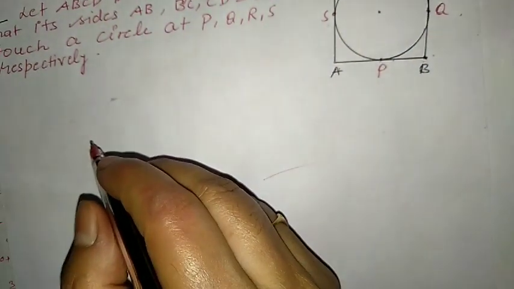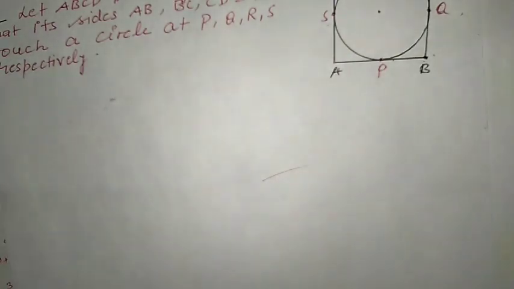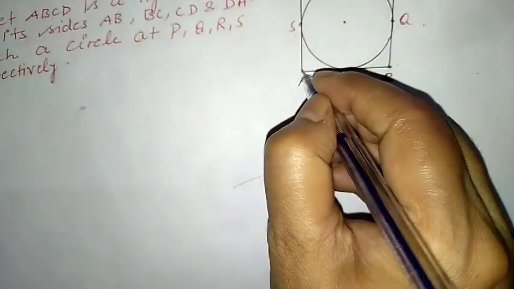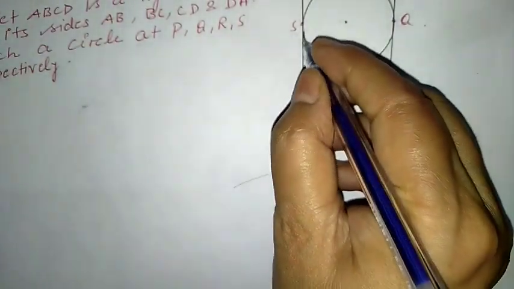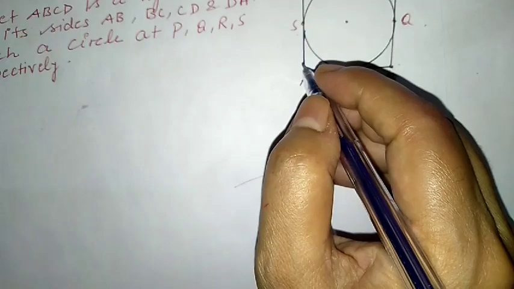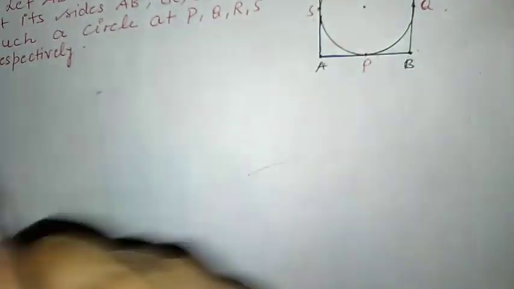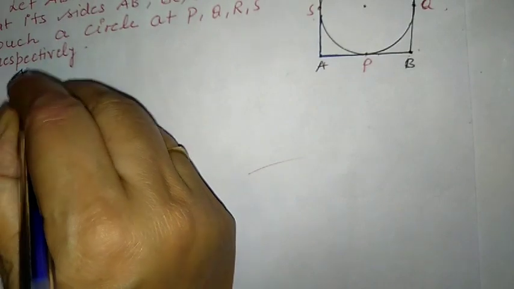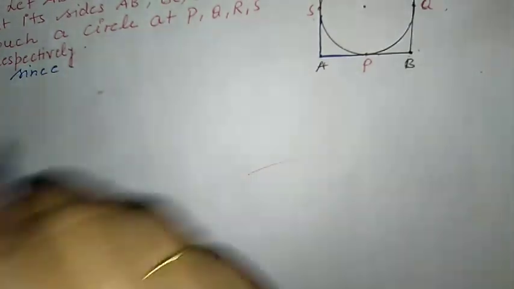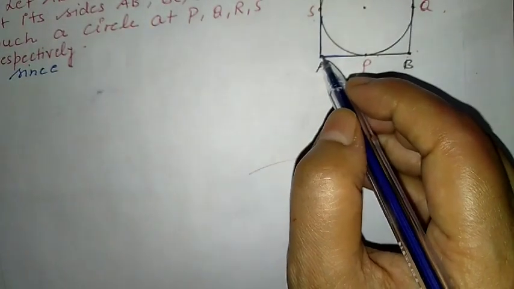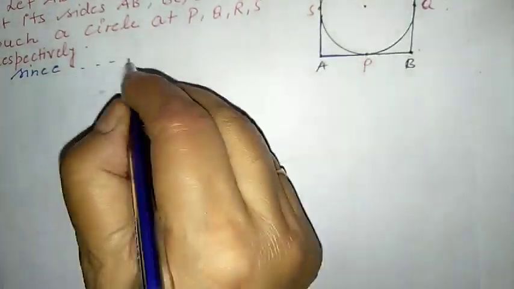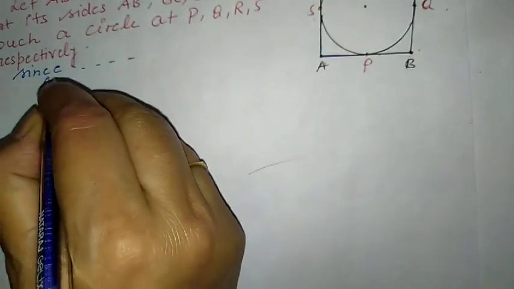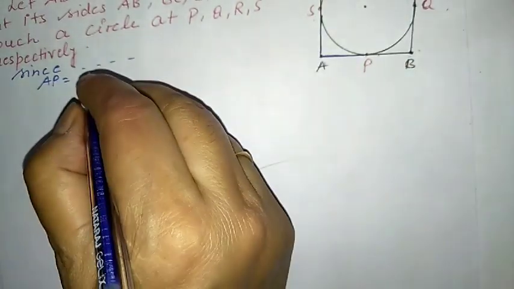Same reason is there. We know that the length of tangent from external point to a circle are equal. So you have to write down here, since the length of tangent from an external point to a circle are equal, we can write AP is equals to AS.